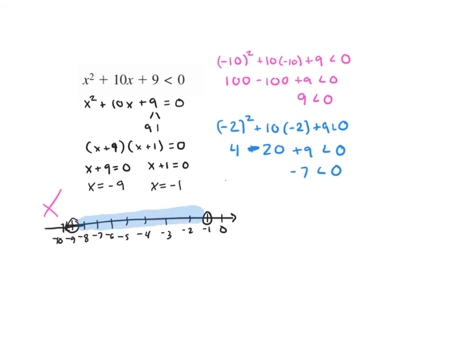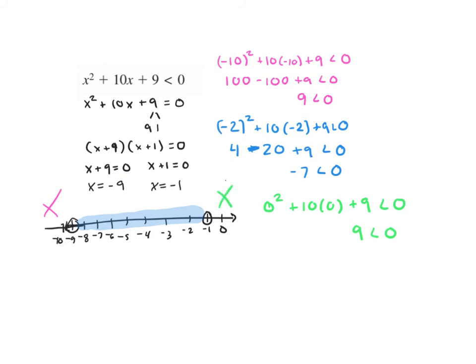And now let's just check the outside on the right side. So what can we plug in on the outside to the right? 0. So 0 squared plus 10 times 0 plus 9 is less than 0. So 9 is less than 0. Does this work?